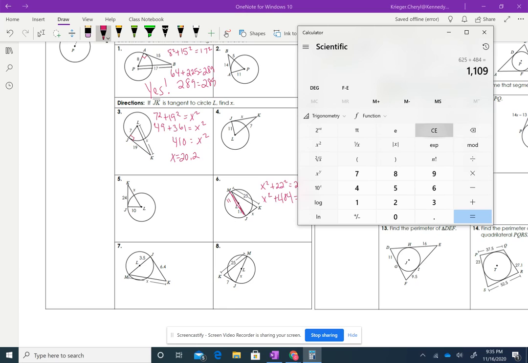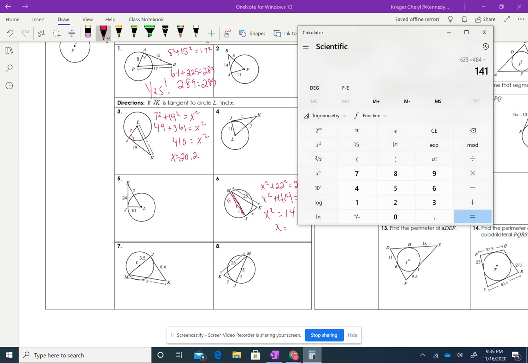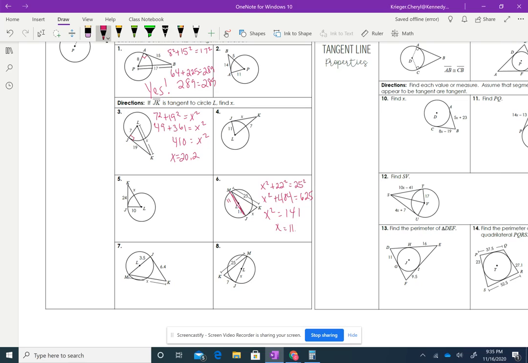Oops, I put a plus. Is 141. X squared equals 141. And X equals the square root of 141, 11.9. So X is 11.9. Okay, so that wasn't too tricky.